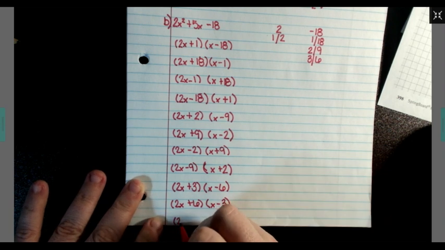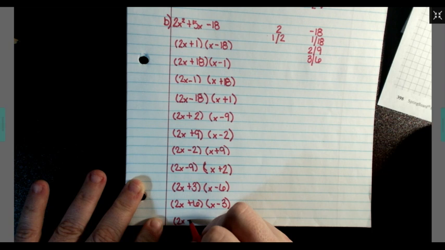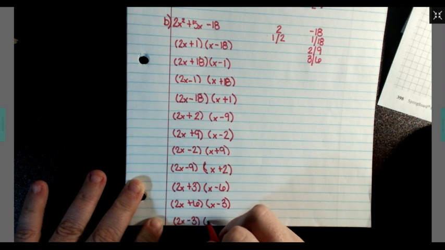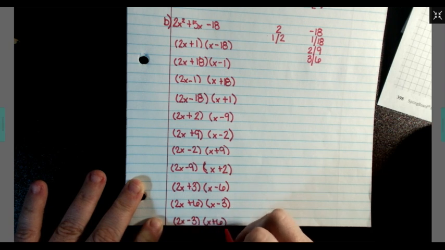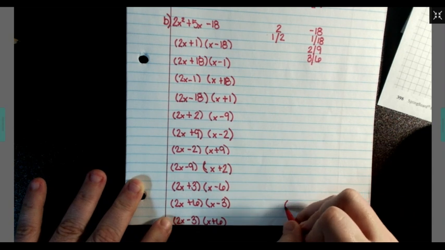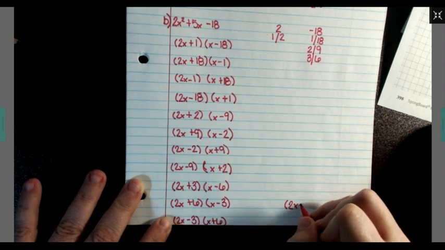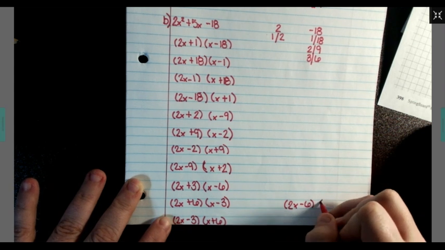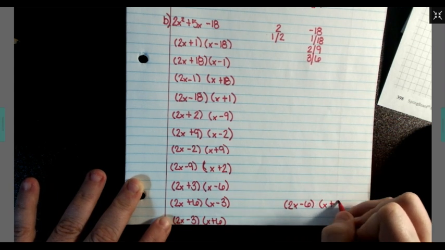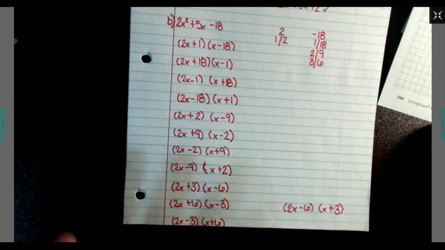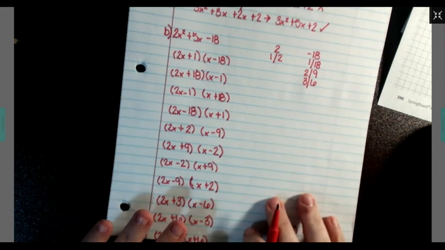We could have 2x minus 3, x plus 6. And lastly, we could have 2x minus 6, x plus 3. Lots of combinations here. Okay.